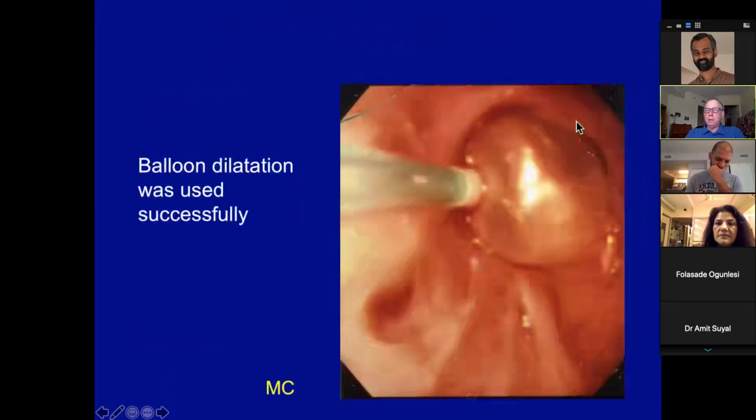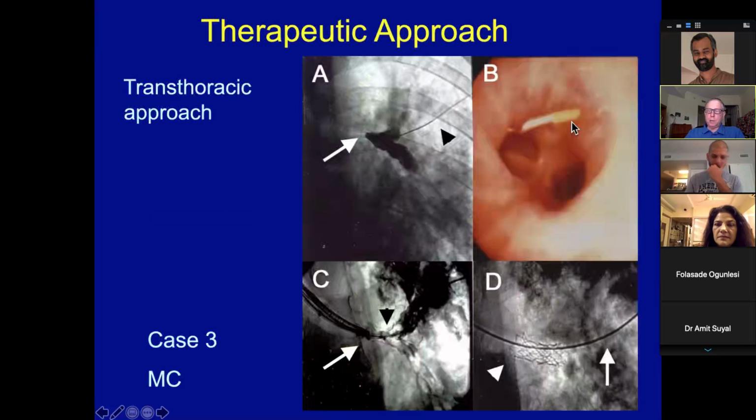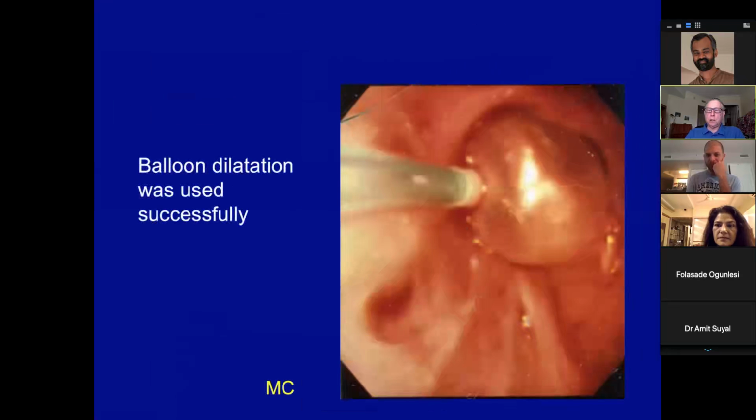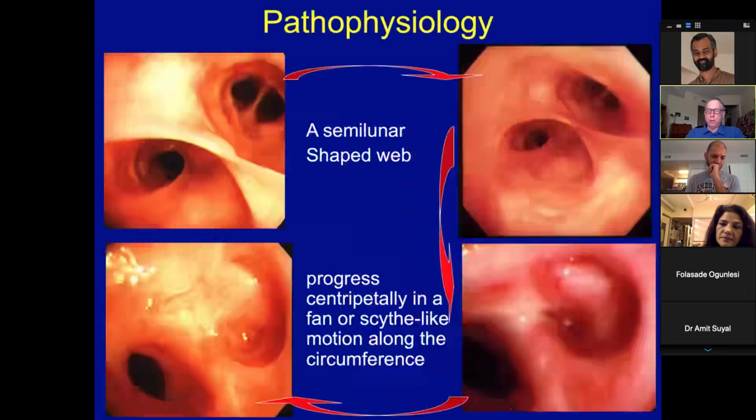What they then did, they put a needle in, and that needle pointed out where the orifice of the bronchus used to be. Then they did balloon catheterization, which is shown here, and dilated the orifice that was narrowed, now discovered with the needle.